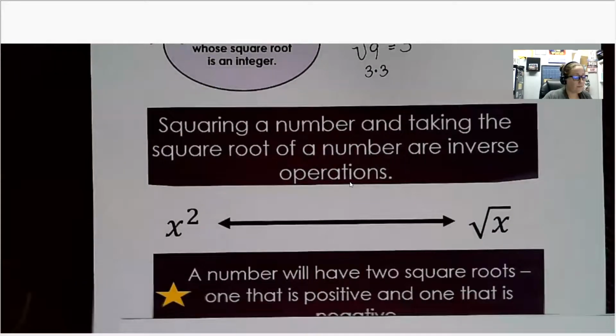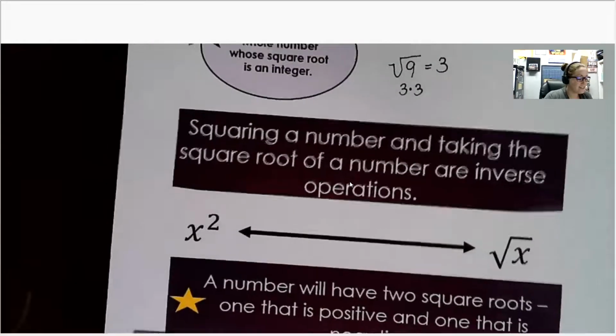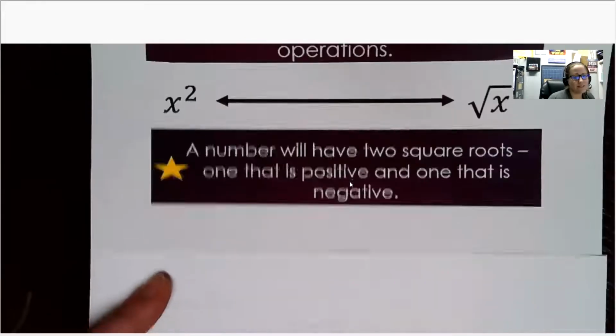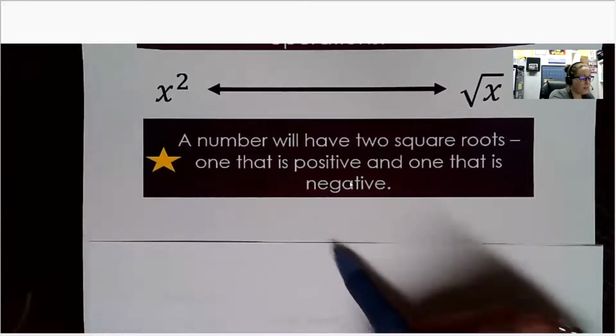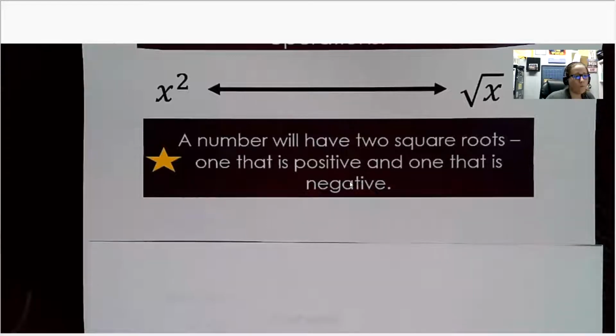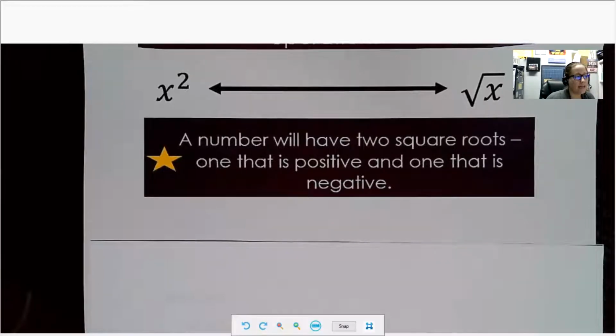Another thing very important as far as this IXL assignment goes, and I'm going to repeat it as we go through some of these examples, is that a number is always going to have 2 square roots. One is going to be positive, and one is going to be negative.